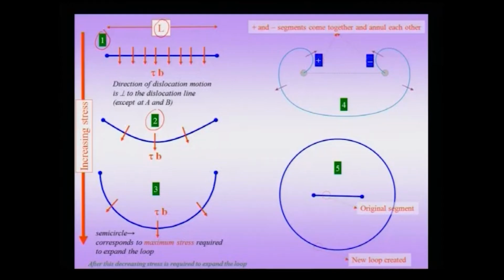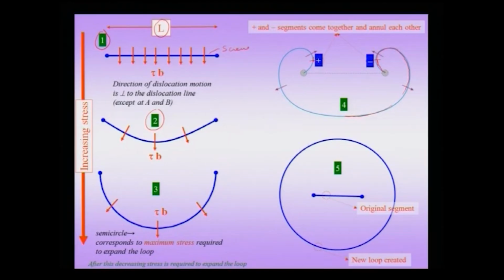The dislocation takes a very convoluted appearance, as you can see here, in the form of a certain kind of curve. Now, when I look at a curve like this, suppose I was initially talking about a pure screw dislocation, and suppose this segment was a pure screw, then these segments would constitute positive and negative edge segments.